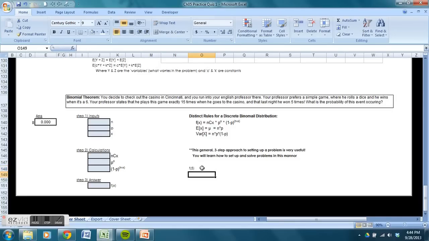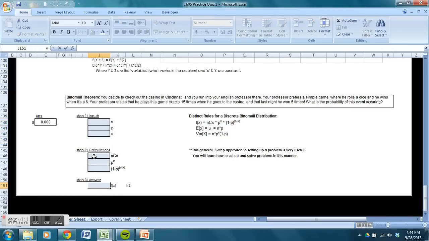So this is what we're looking for, specifically f of 5 in this case. What can be helpful is to get this set up in such a way that you can put any inputs in here, and then your answers will just change because you have the formulas in Excel.